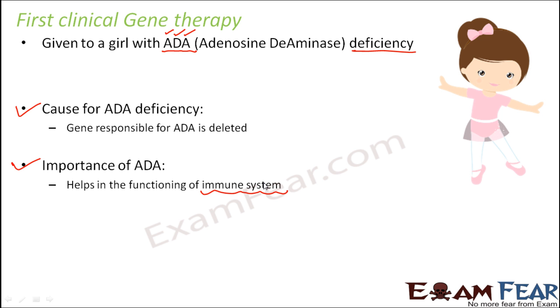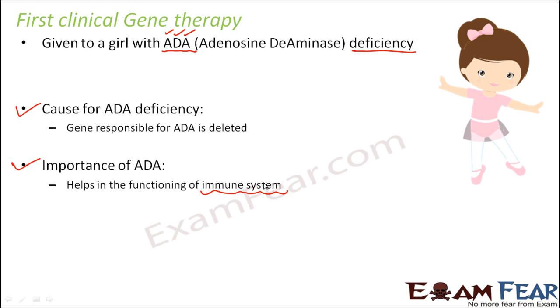In fact, if you look at this deadly disease AIDS, what happens in AIDS? The immune system itself is attacked. Since the immune system is attacked, over a period of time it becomes so weak that the body becomes extremely prone to any kind of infection, and that infection becomes fatal and the person dies. So having a strong immune system is very important.